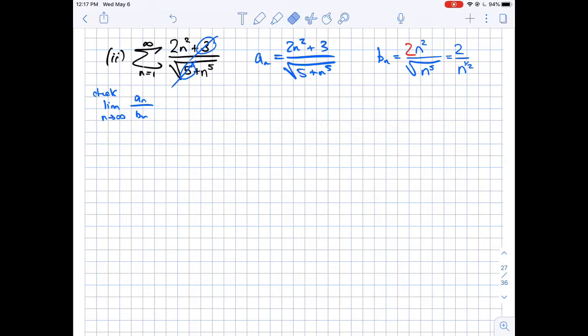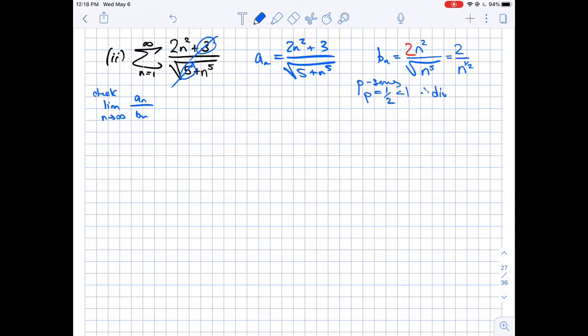So what we are looking at here with bn is a p-series with p equal to 1/2, which is a small value of p, less than 1, which means that it doesn't go to 0 very quickly at all, and therefore it is going to be divergent.